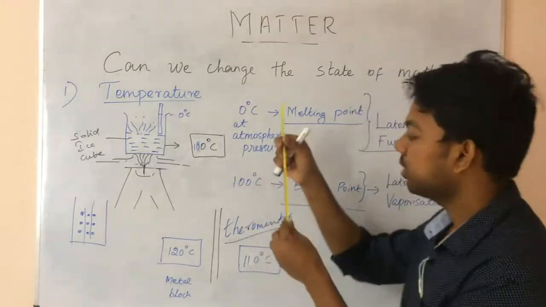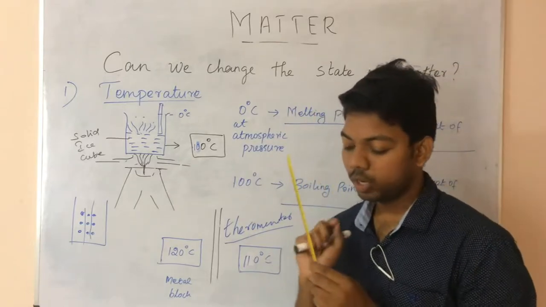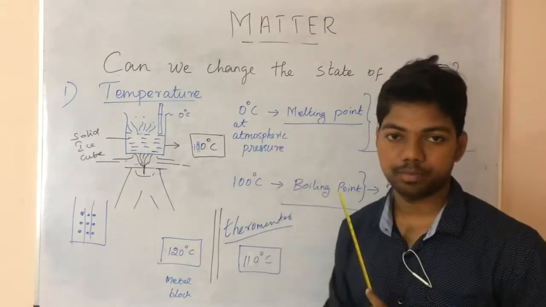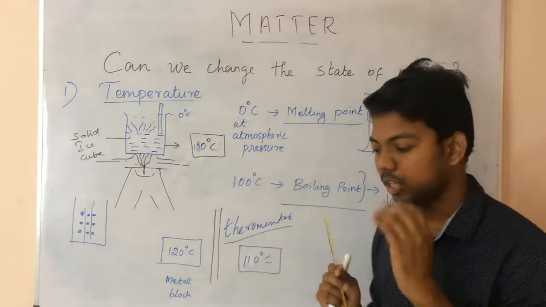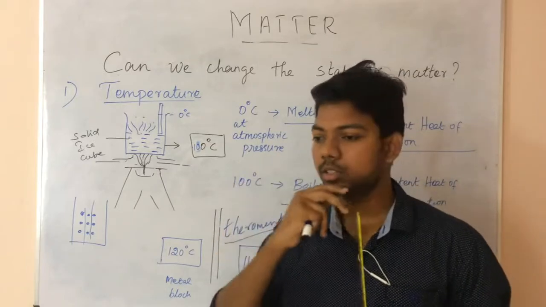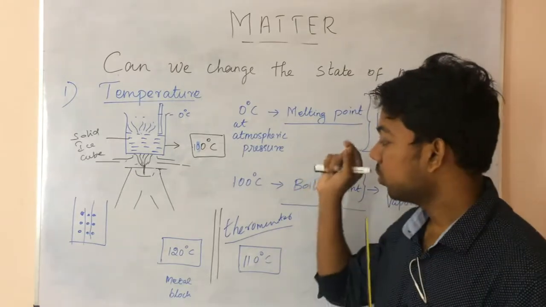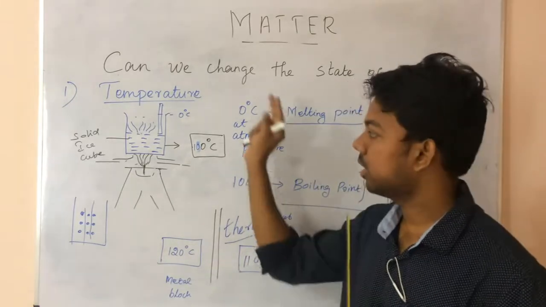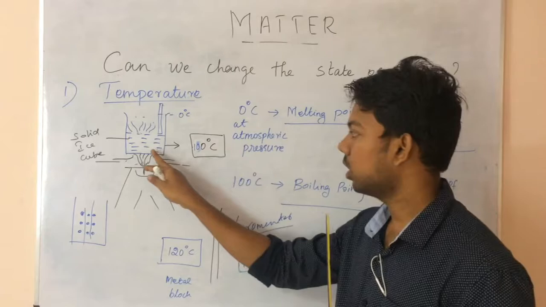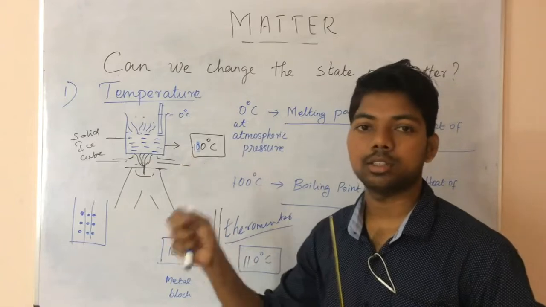Okay. So here, this is a thermometer. First, why are we taking 0 degrees Celsius as the melting point and 100 degrees Celsius as the boiling point? First, we are considering water because water is a common liquid. It is available everywhere on the earth, also in the universe. So I am taking water, and at a particular temperature the solid cube is melting and water is forming.